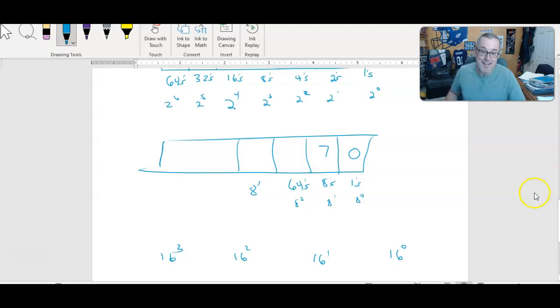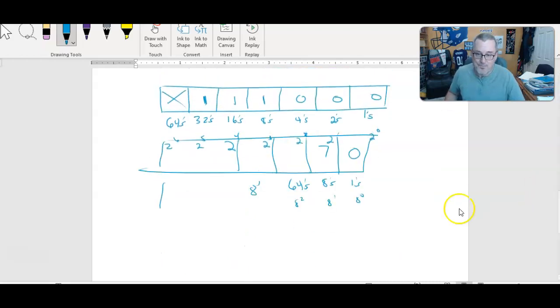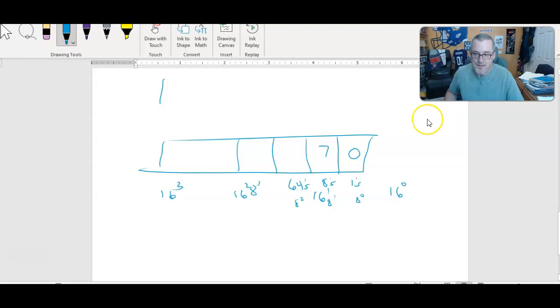Hey, in base 8, I'm 70. So 56 base 10, 5 10s, 50, and 6 1s, is the same as 7, 0 in the 8's place. Because why? 7 in the 8's place, 7 groups of 8 is 56. 70 base 8.